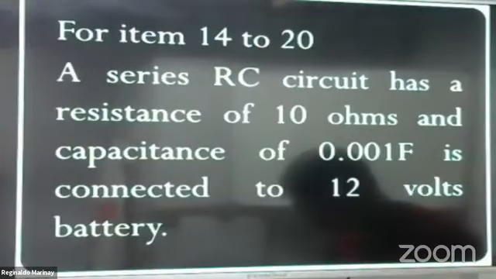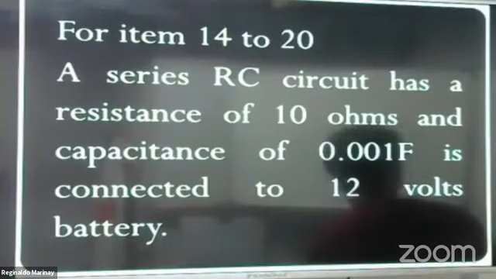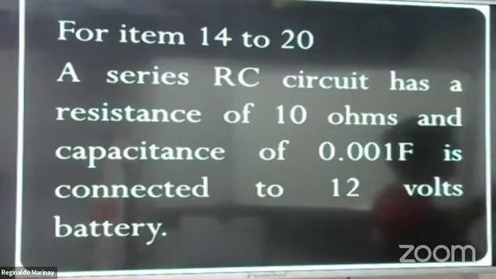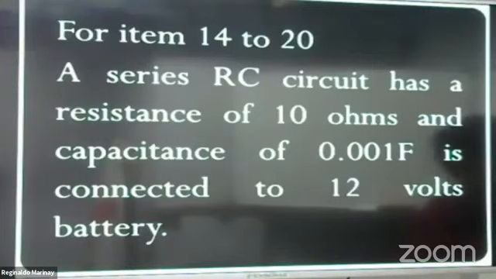Okay, let us answer numbers 14 to 20. Okay, let's go over our figure. A series RC circuit has a resistance of 10 ohms. So we are given here 10 ohms.